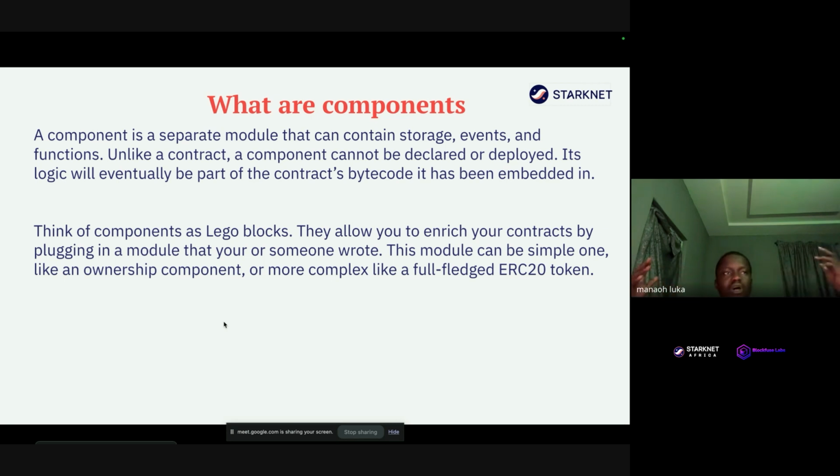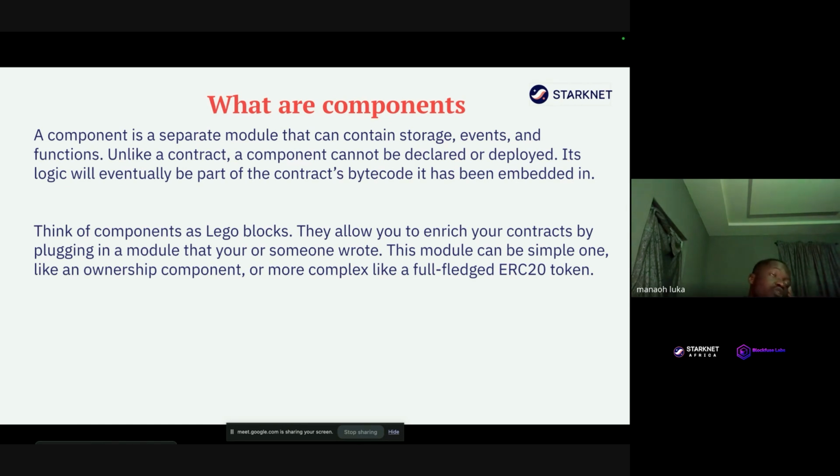Let's look at the castle now, like your smart contract. They allow you to enrich your contract by plugging in a module that you or someone else wrote, right? So this module can be a simple one, like an ownership component.